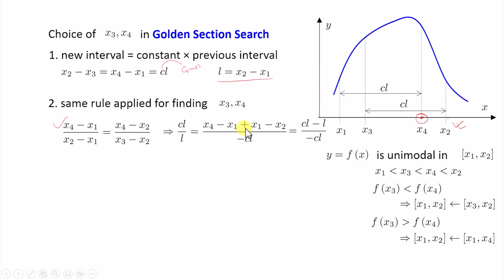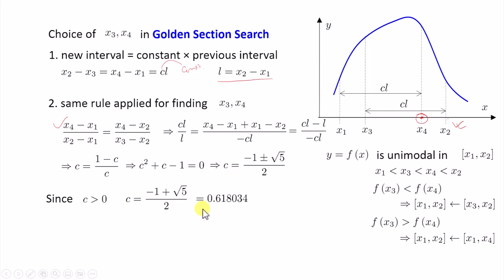Here x4 minus x1 is cL and x2 minus x1 is L, so this is negative L. So now I have cL by L, which is c, equal to (cL minus L) divided by negative cL. L cancels, so I can write c equals (1 minus c) by c. This gives me an equation in c. I can solve this equation and get a suitable value for c. It's a quadratic equation that gives two roots, but one root is negative, and clearly we are not going to take a negative root here.